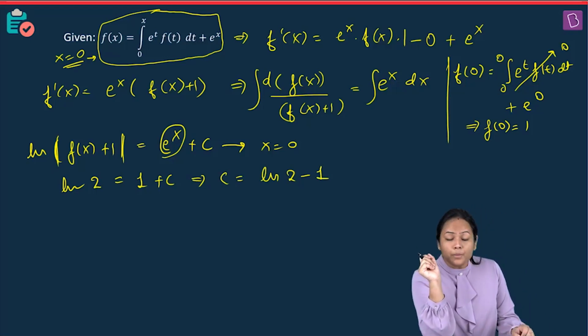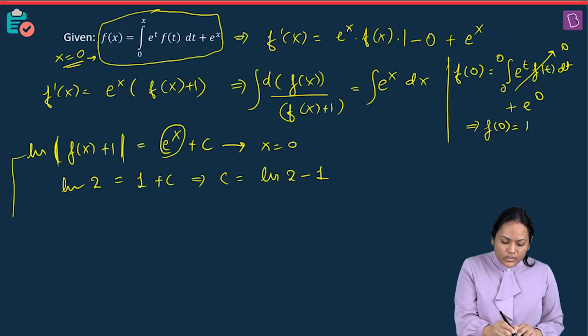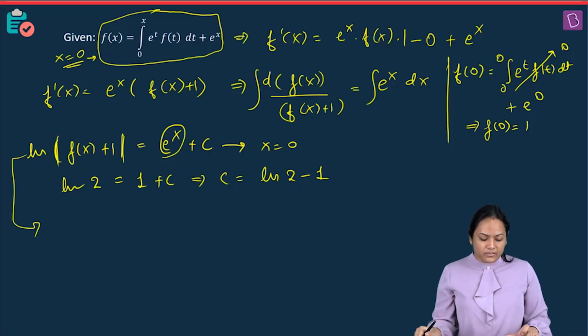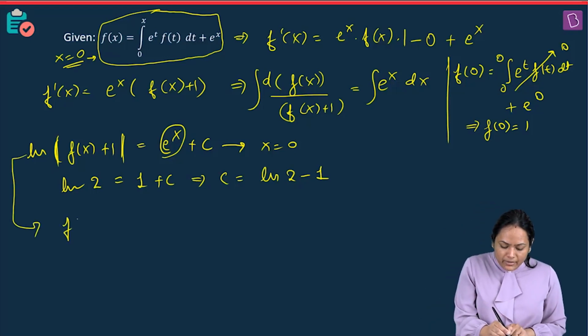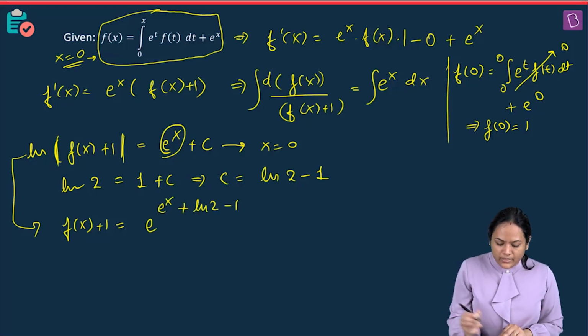Understood? Perfect. So now I'll substitute back in this equation and try to obtain my f(x). So I can say that f of x plus 1 will be equal to e raised to x plus c, that was nothing but ln 2 minus 1.